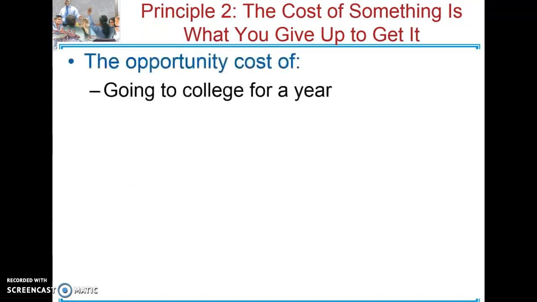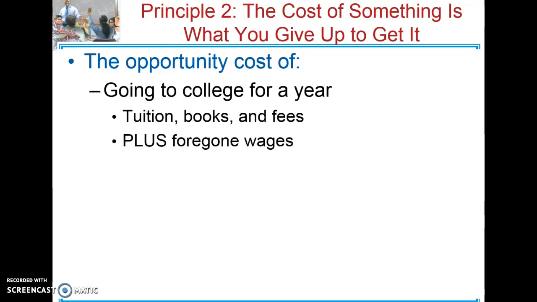So the opportunity cost of going to college for a year is your tuition, your books, and your fees, but it also must include the foregone wages. In other words, the time you're spending in college means you're not going to be working. What would the value of your wages be if you chose to go to work instead of going to college?